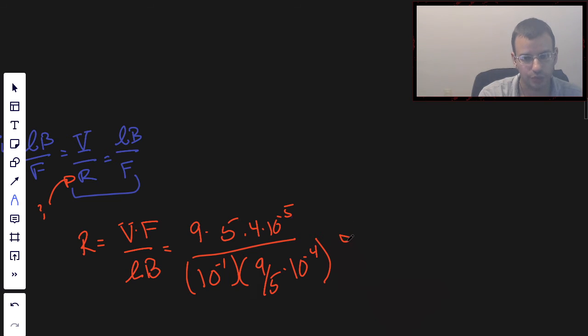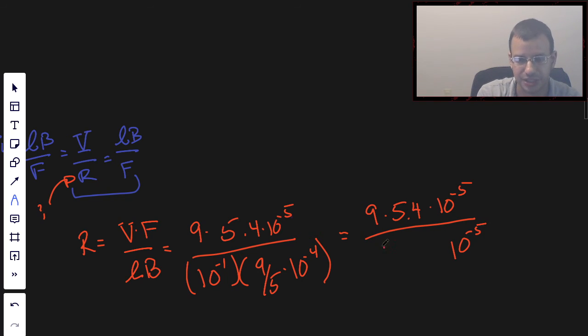So I'm going to rewrite this. We have 9 times 5.4 times 10 to the negative 5th divided by 10 to the negative 1, times 10 to the negative 4th, which becomes 10 to the negative 5th. And I'm going to write this as 9 times 1/5.